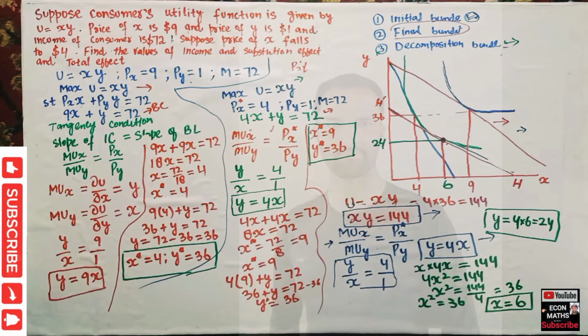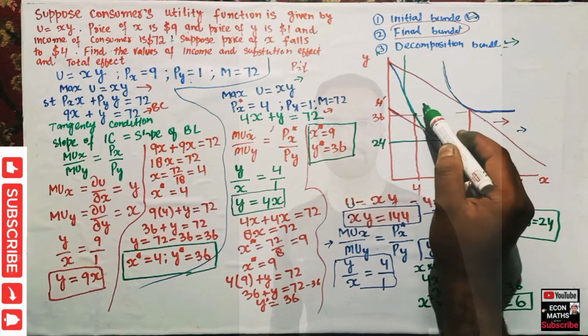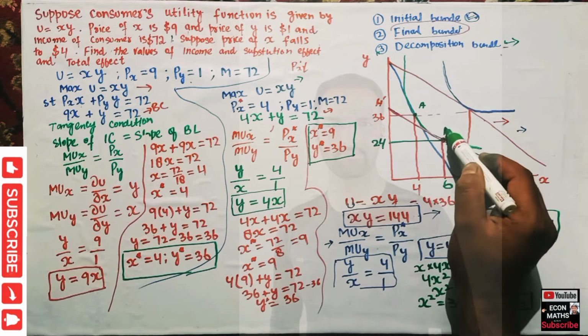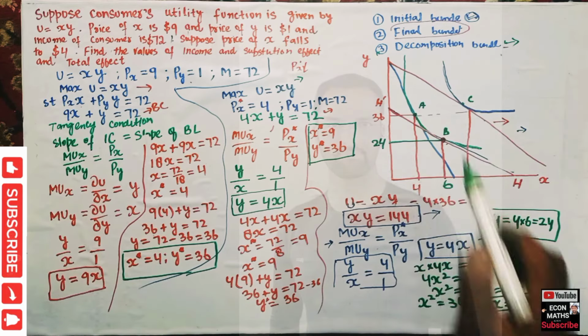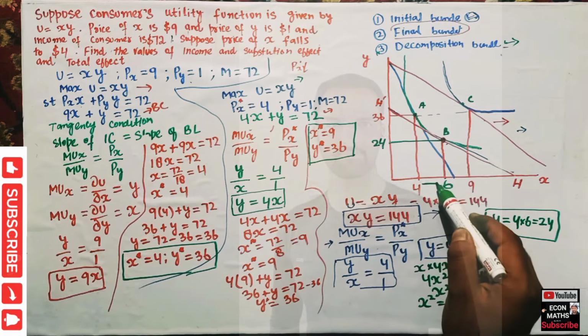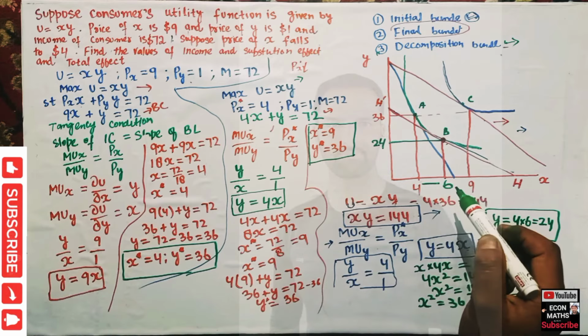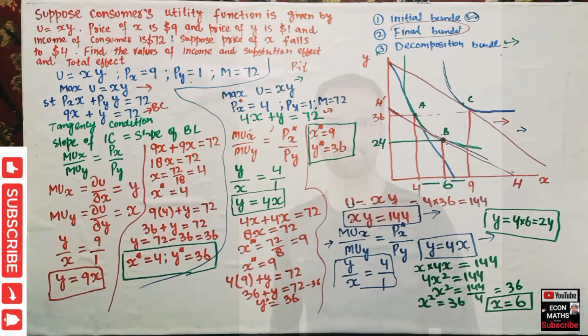Okay, so let us say this is point A, this is point B, and this is point C. The change from point A to B, and this change from B to C, is our total effect, and I will show what it means. For that I need to recap how we find the decomposition bundle.